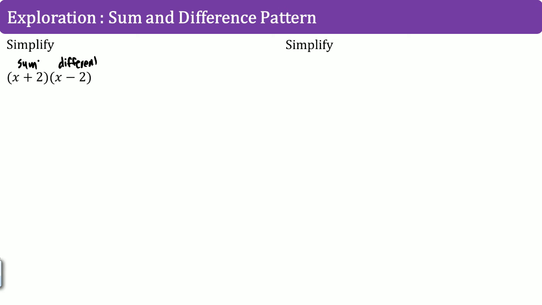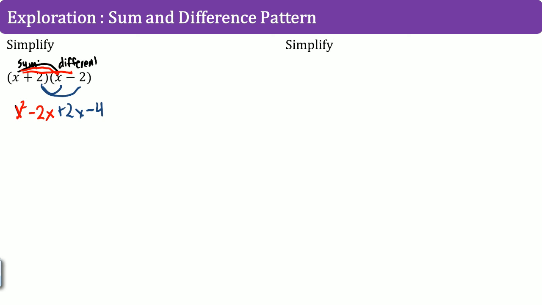So x times x should get you x squared. Then x times negative 2 gets you negative 2x. Then let's do that to the bottom. 2 times x gets you 2x, and 2 times negative 2 gets you negative 4.